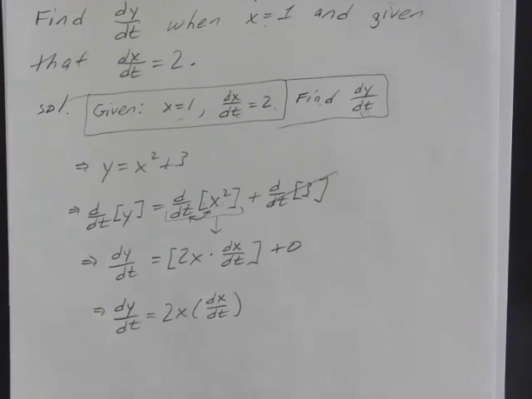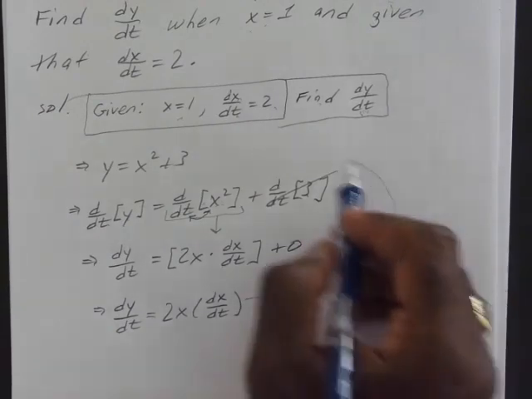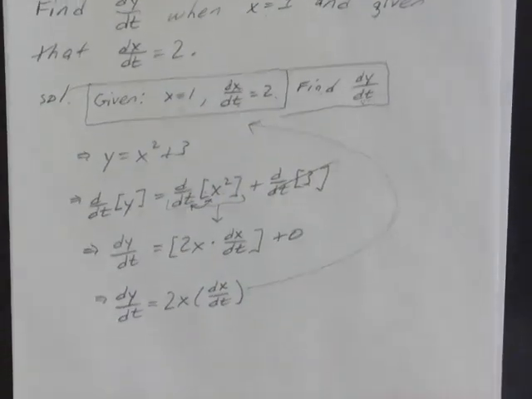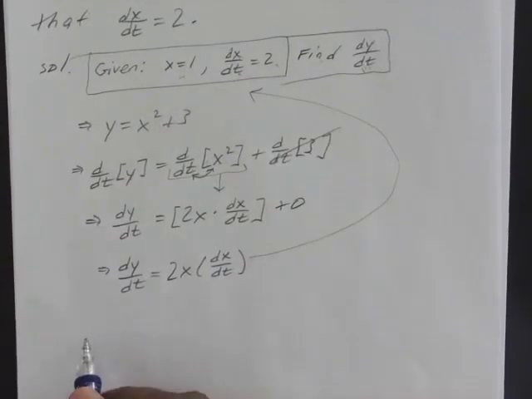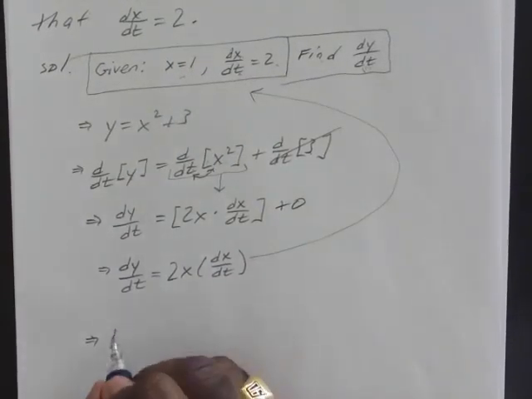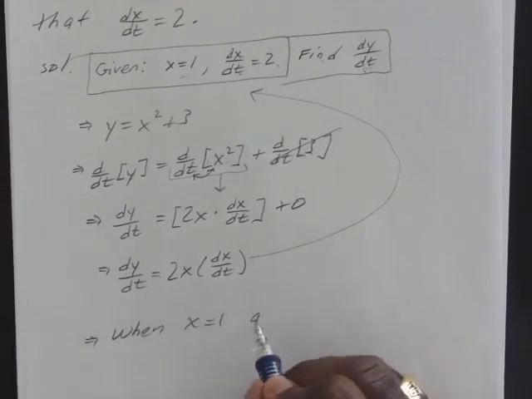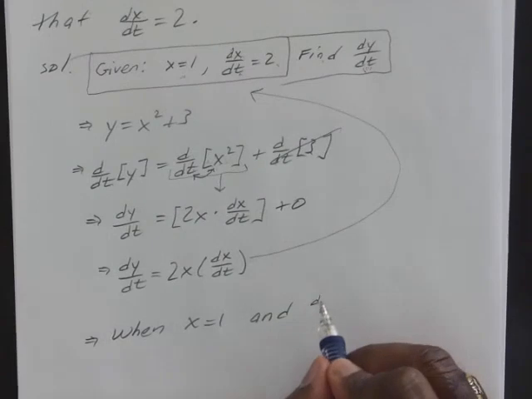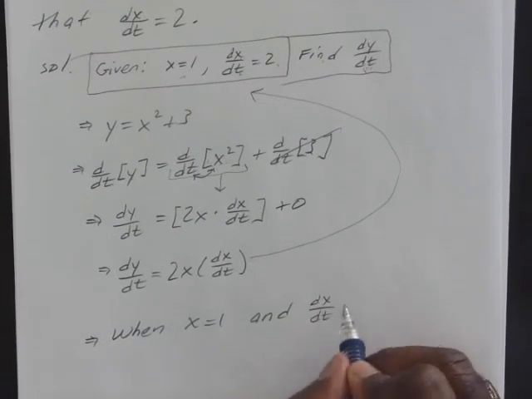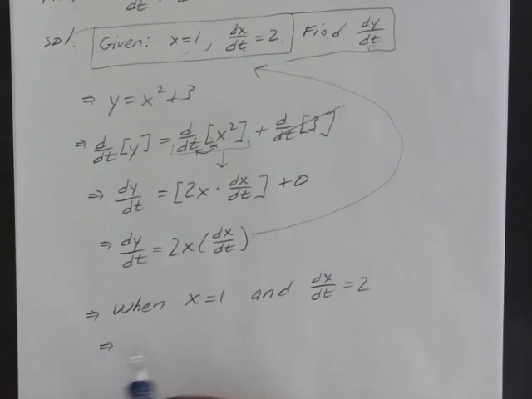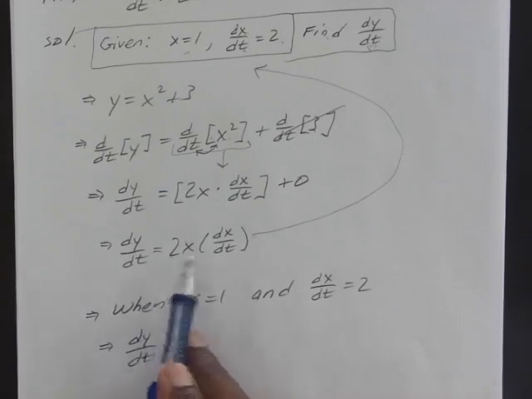Okay, so now is when we use our x and dx dt. So when x is equal to 1 and your dx dt is equal to 2, we know that our dy dt is equal to 2 times x.